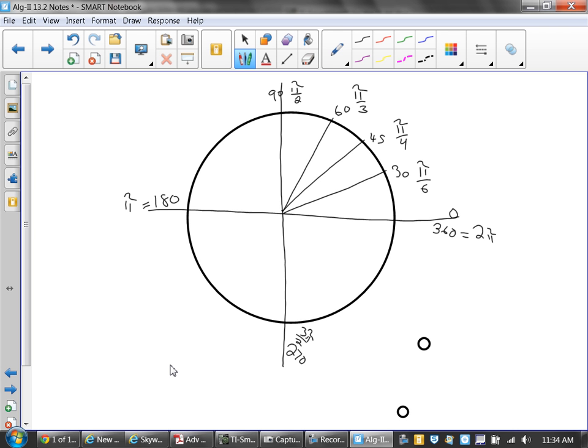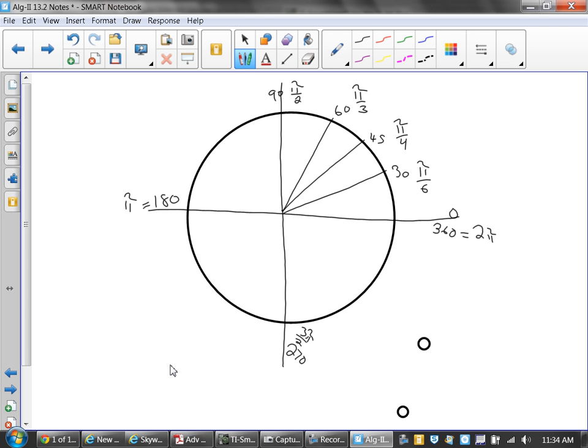Now, here's what I'd like to talk about. I want to fill in the rest of this, and show you guys how this stuff is built. I'm not going to look at the 45-degree angle right now because that's kind of the oddball.